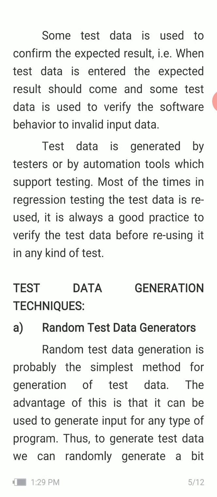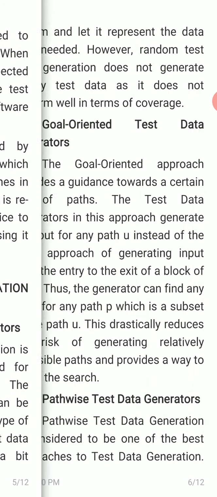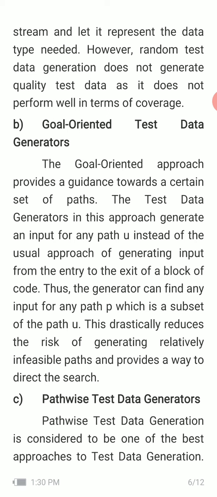So the random test data is the simplest method for creating test data, and it can be used to generate input for any type of program. To generate test data, we can randomly generate a bit stream and let it represent the data type that is needed.